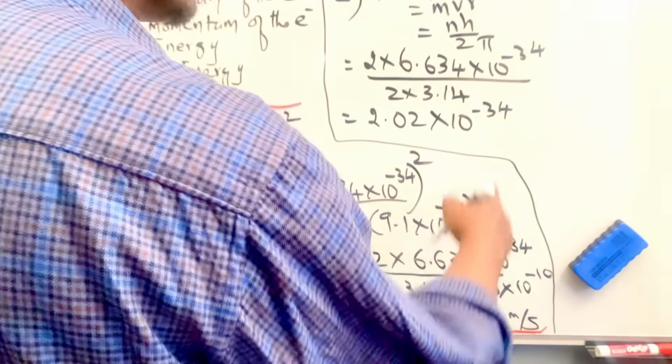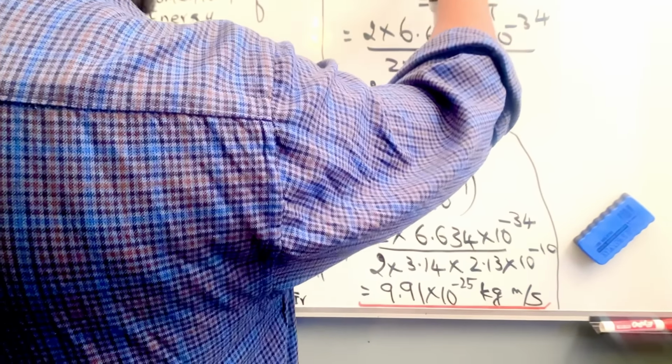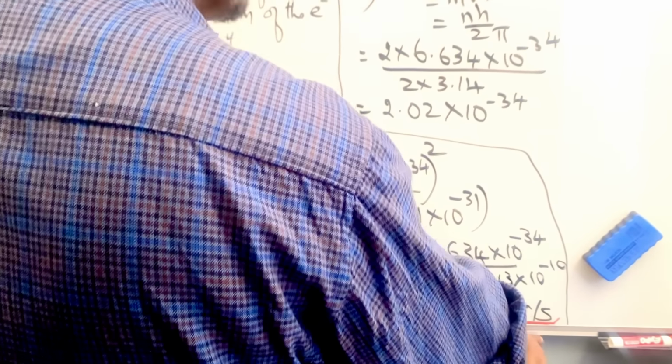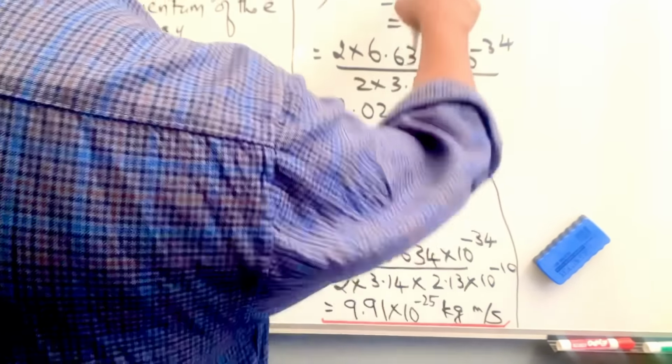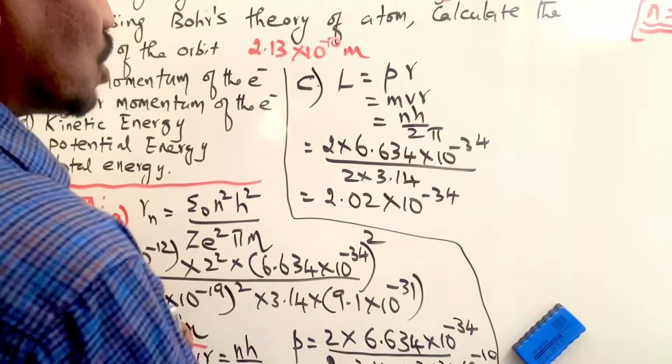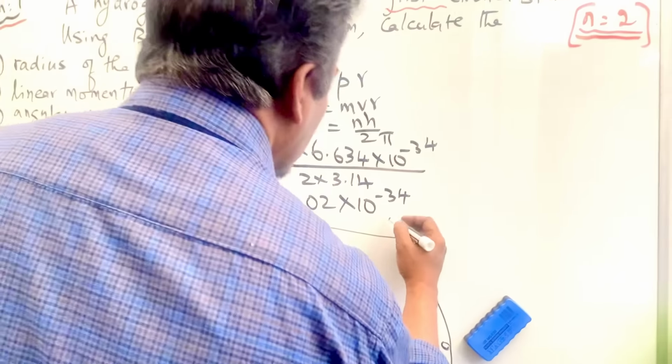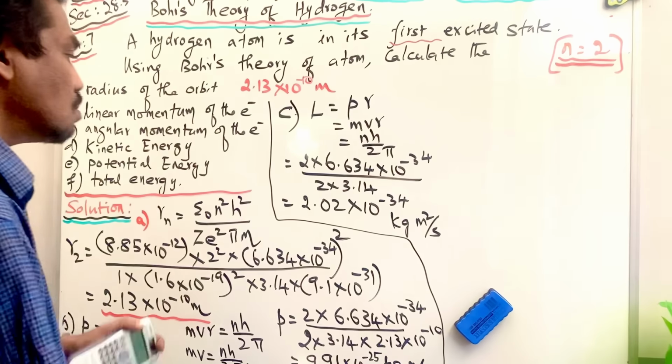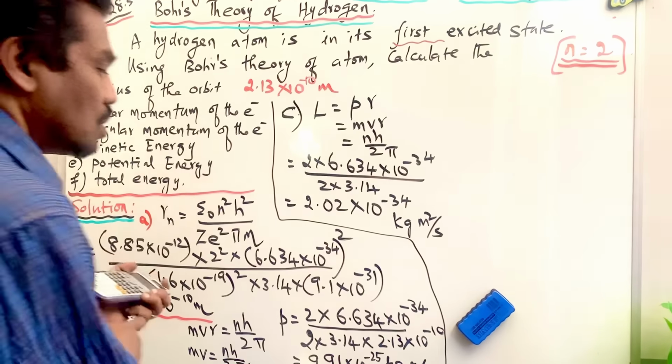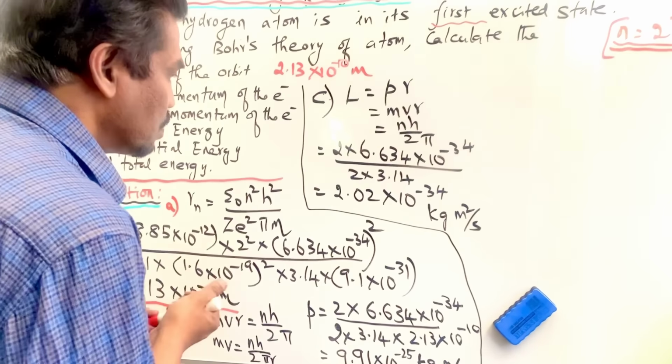The unit is because we have P in kilogram meter per second, times r, which is in meters, so this will be kilogram meter square per second. So that is the answer for question C.